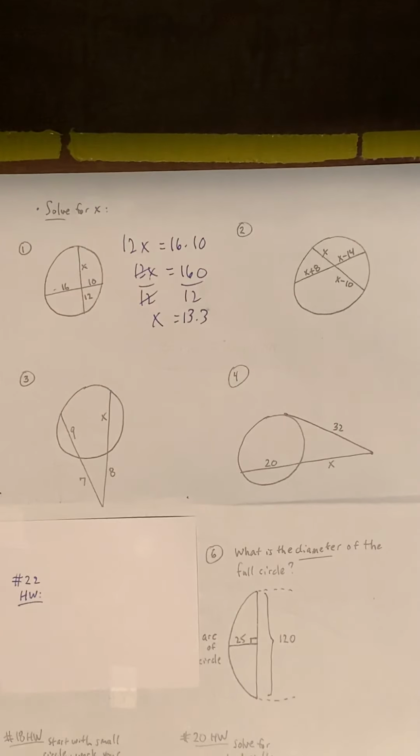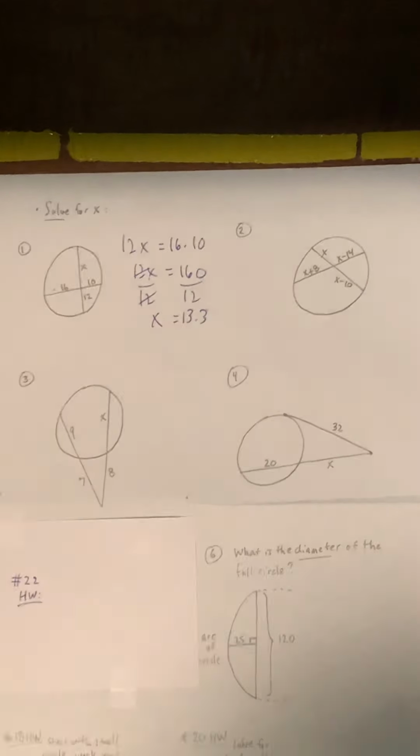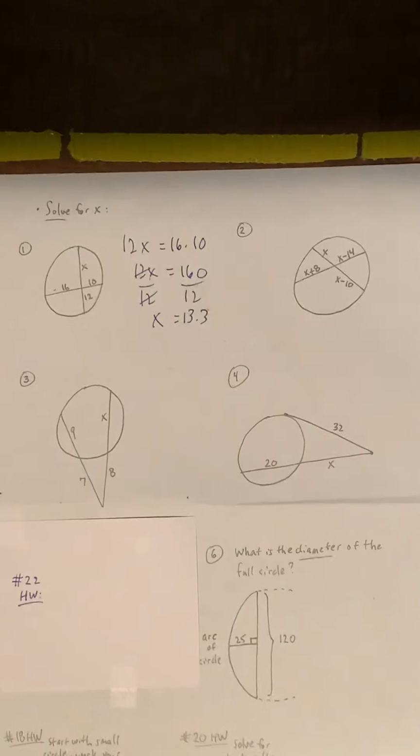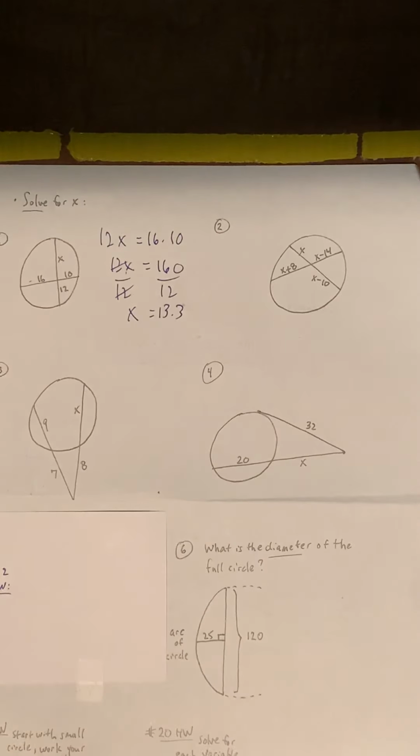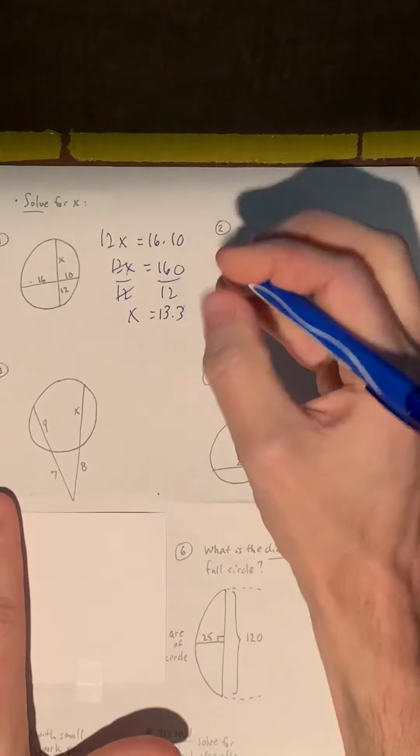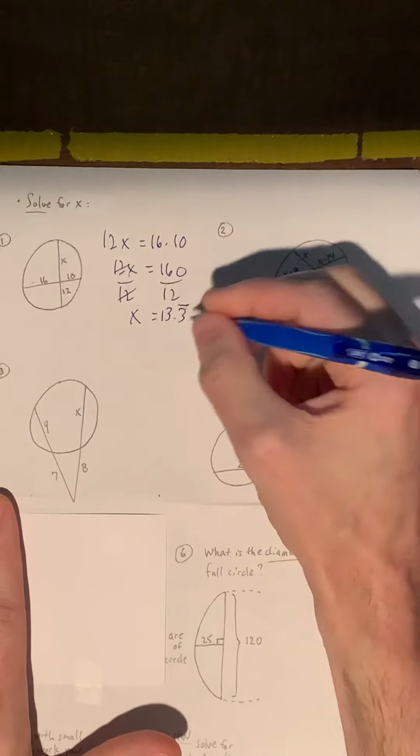All right, so let's get number two. Again, we're going to apply the first rule because we have two secants intersecting inside the circle. The decimal for number one is repeating, so you can round it, or you can just put the repeating.